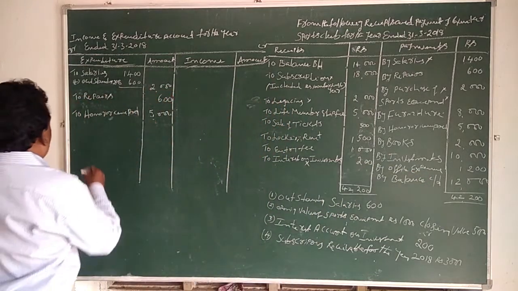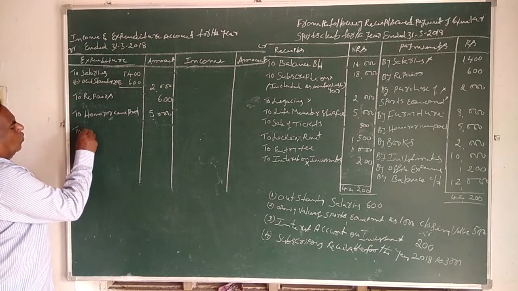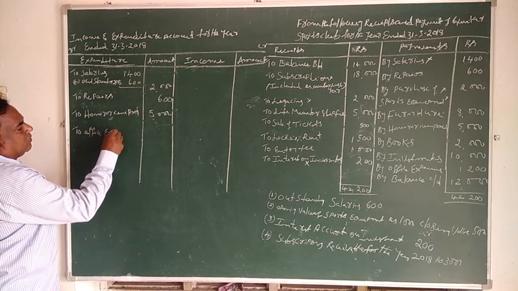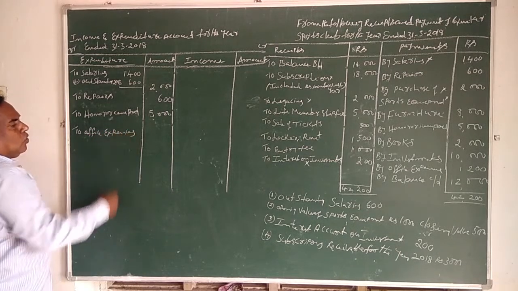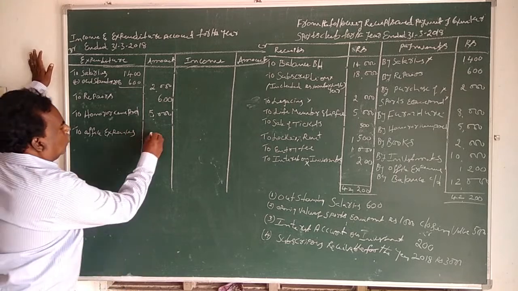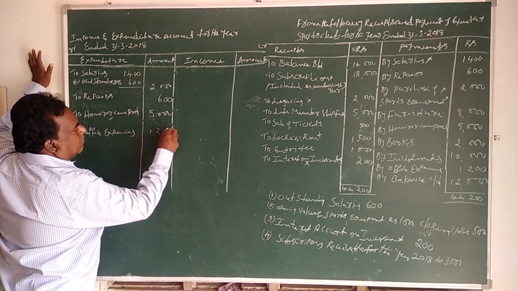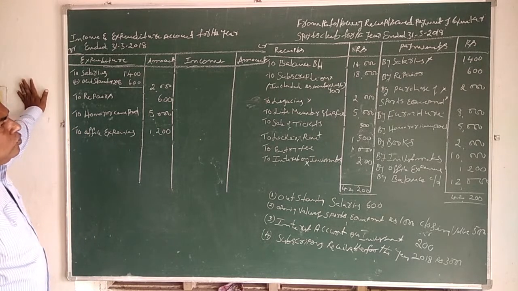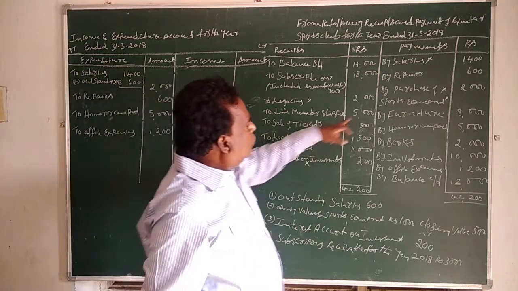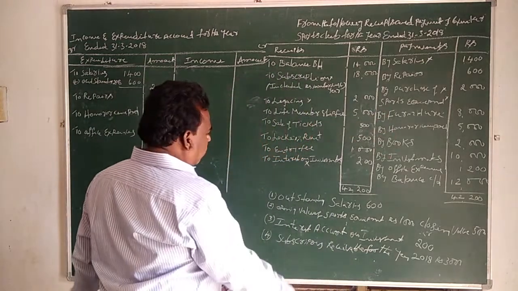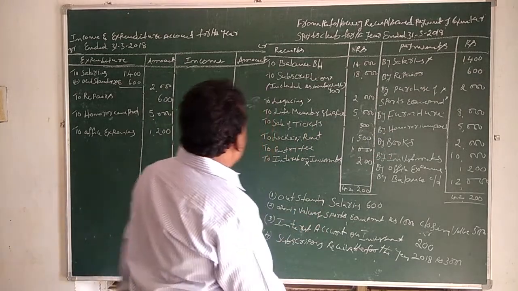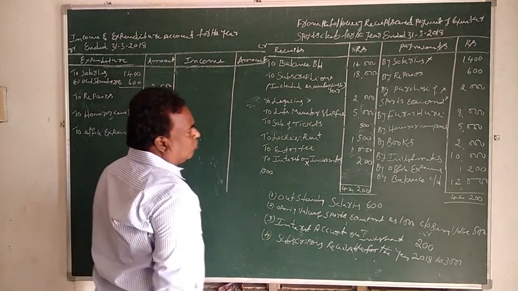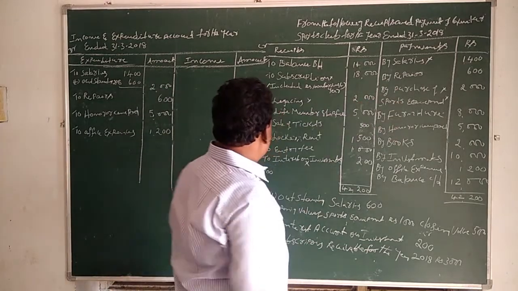To office expenses 1,200. Next, regarding sports equipment: opening balance 1,000 plus purchase of sports equipment 2,000.